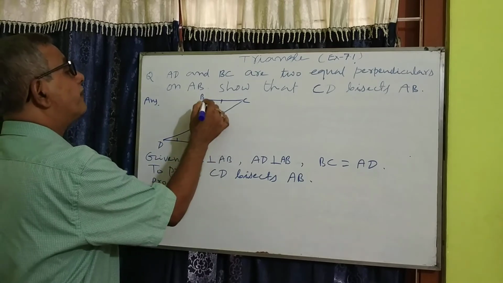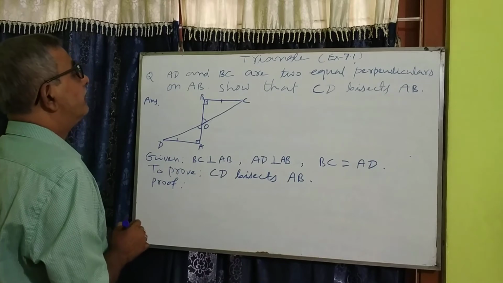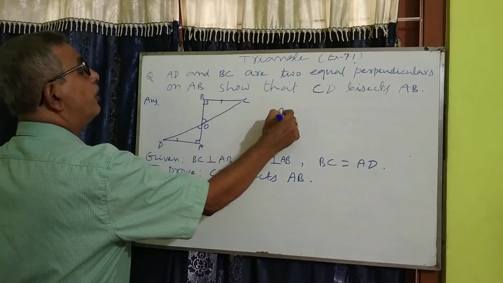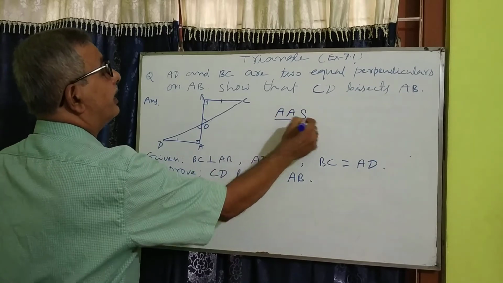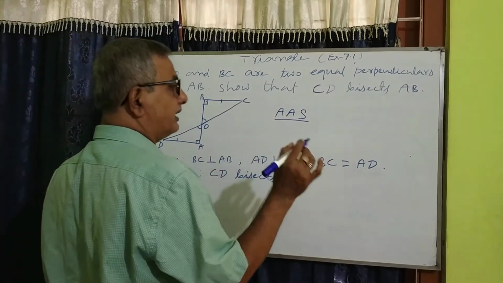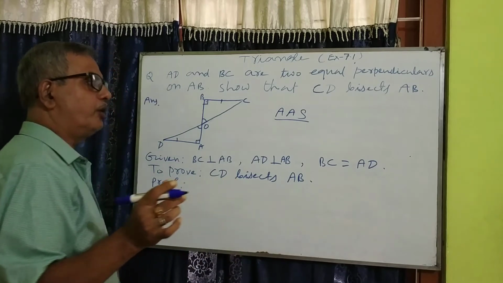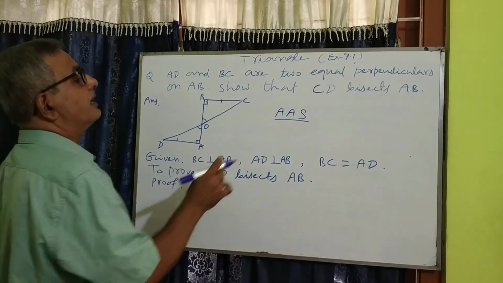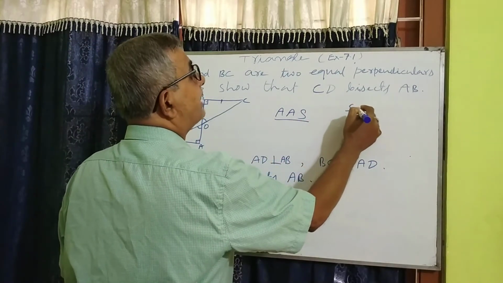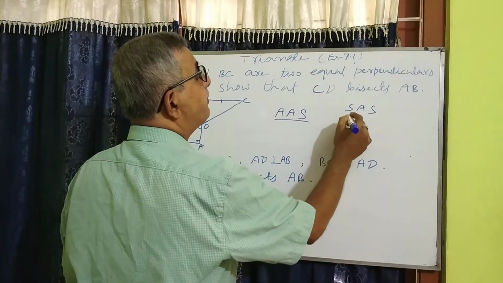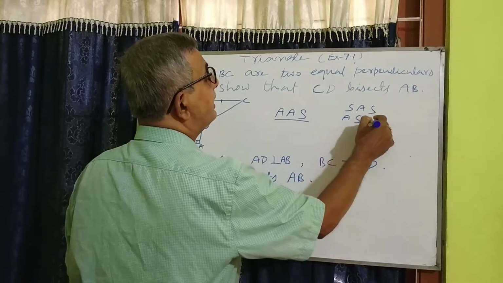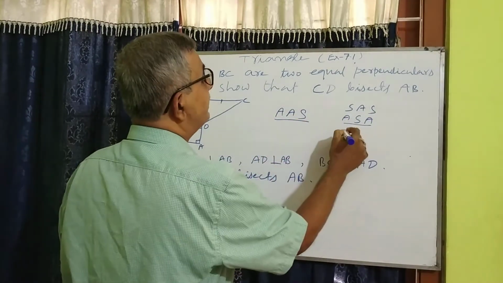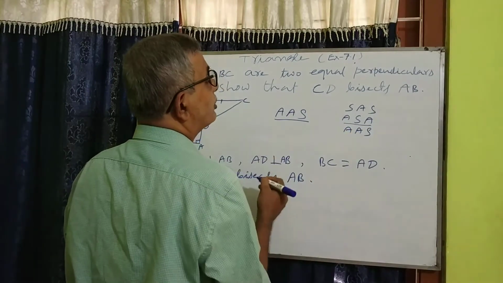So two angles you got equal. Now BC is equal to AD. That means angle, side. You remember what things are required for congruency of two triangles? You have been taught side, angle, side. You have been taught angle, side, angle. And one more thing I am telling you. Instead of this, you may write AAS also.